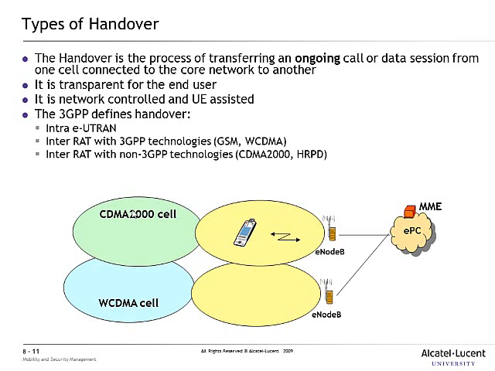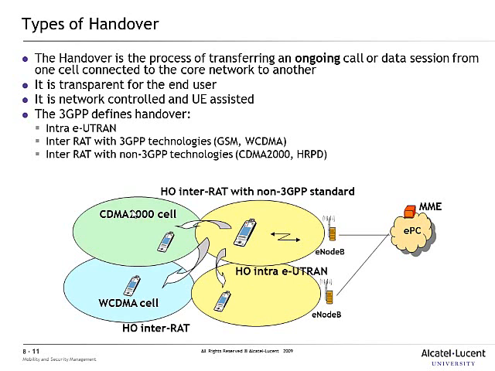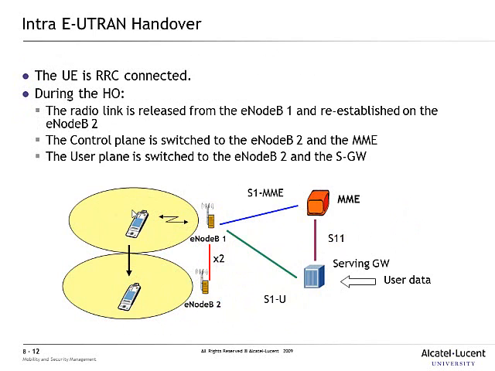Okay. So here diagrammatically they are shown this way, the 3 handovers. So let's look at the intra-E-UTRAN handover. What needs to be performed in the intra-E-UTRAN handover?